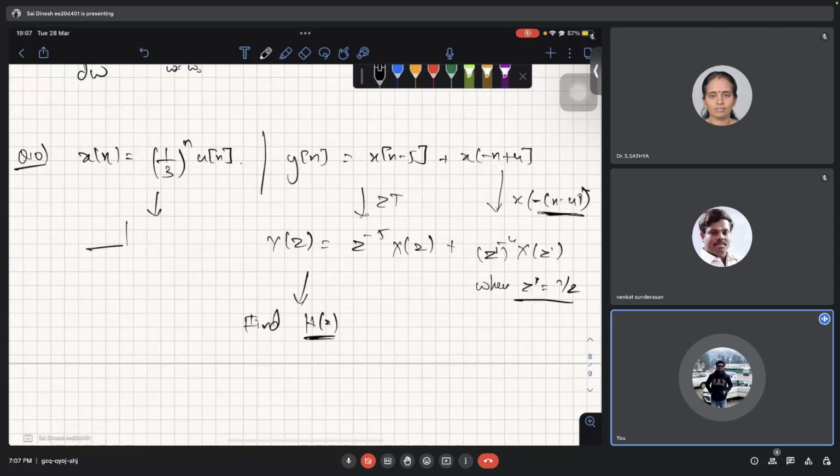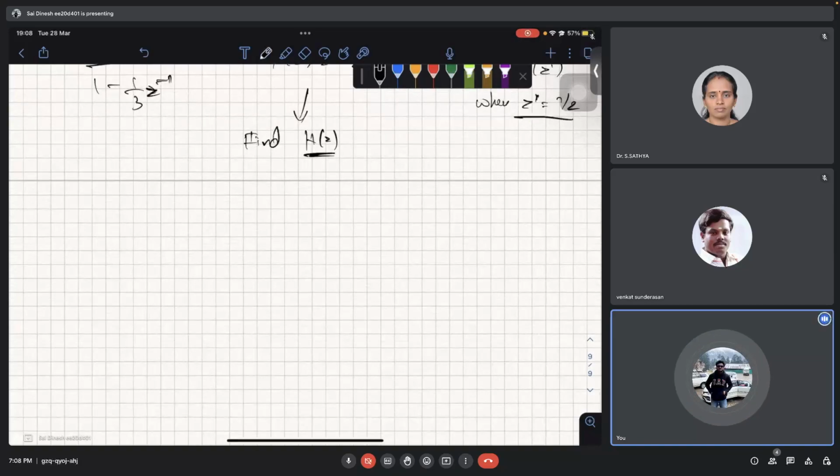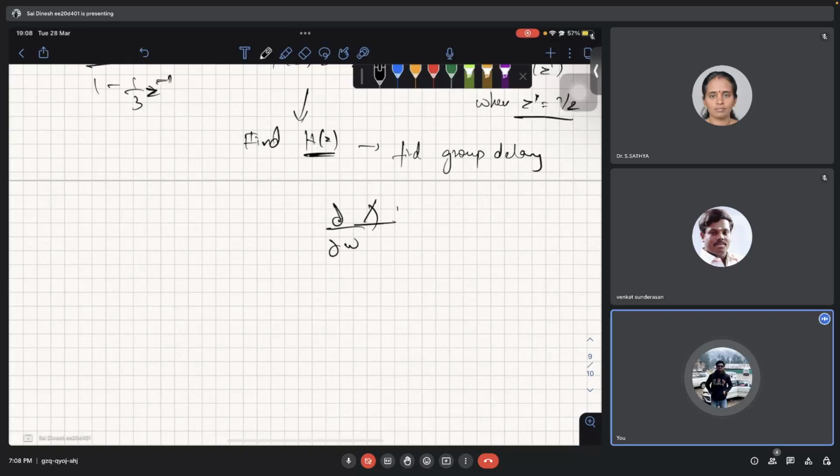Here we know that this is 1 by 1 minus 1 by 3 z inverse, right? So apply this here, find this one and X of 1 by z, and then finally find H of z. Once you find H of z, you can directly get the group delay by differentiating with respect to omega, right? Group delay, del by del omega.